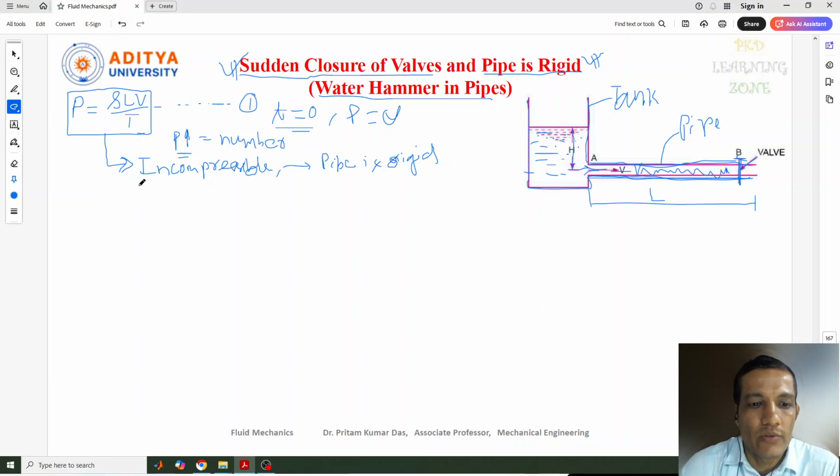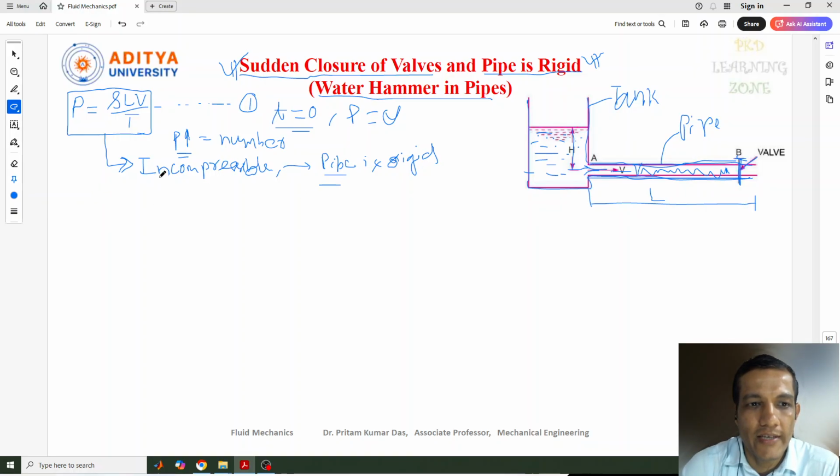So the liquid will be slightly compressed, up to some extent. And this pipe may be stretched.